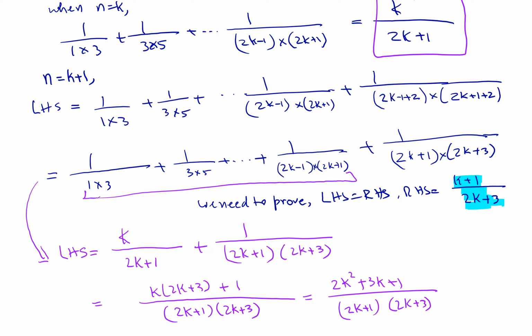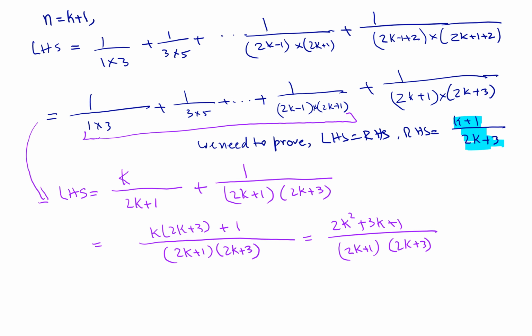So then I can write the numerator as 2k squared plus 2k plus k plus 1, breaking 3k down as 2k plus k, over 2k plus 1 times 2k plus 3.